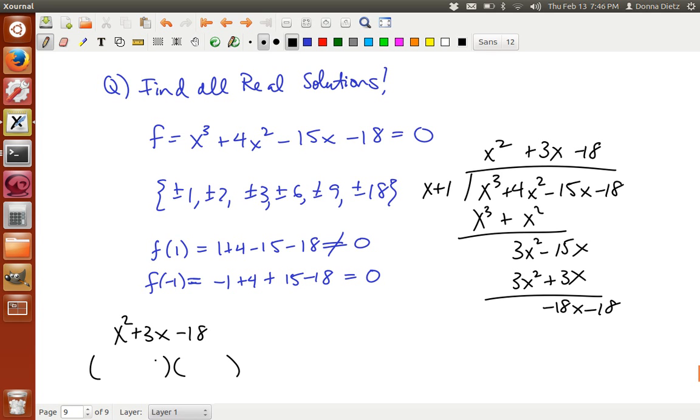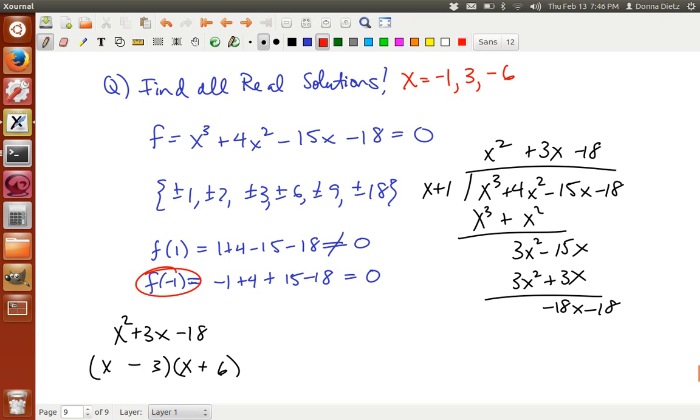3 times 6 is 18, but we can also coax a 3 out of that additively, so that's great news. A plus on the 6, a minus on the 3. So all real solutions look like this. We just found one here. So x is equal to negative 1, or x equals 3 from down here, or x equals negative 6.